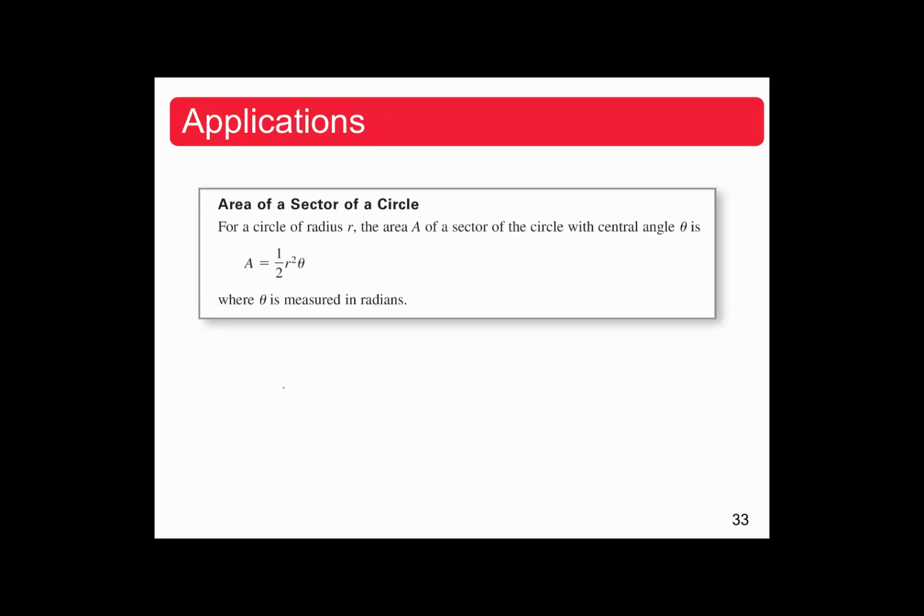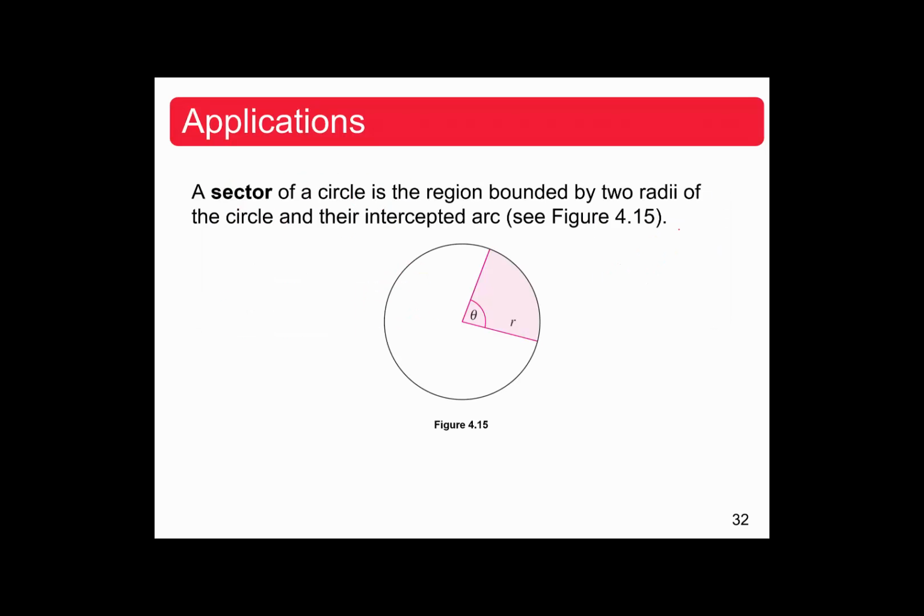Also, I want to take a look at the area of the sector of the circle. Area of the sector is equal to half times r squared times theta. Again, theta must be measured in radian measurement, because the area of the full circle is pi r squared. And then half theta, theta here must be the radian measurement. The sector of the circle is the region bounded by 2 radii of the circle and their intercepted arc.